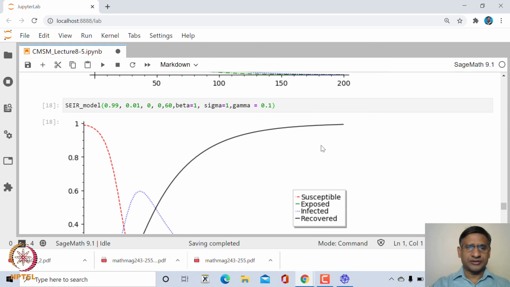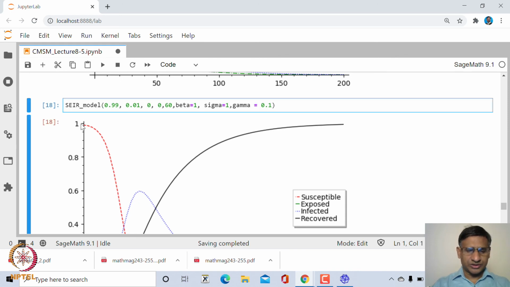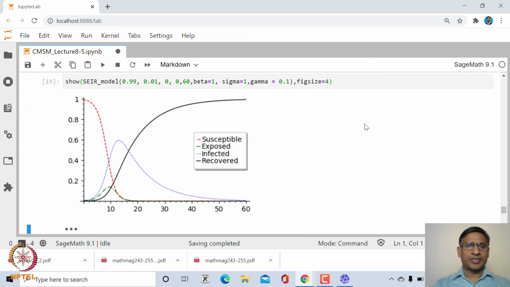Let me again reduce the figure size. Let me show this, and fig size equal to let us say 4, it should work. Yeah.